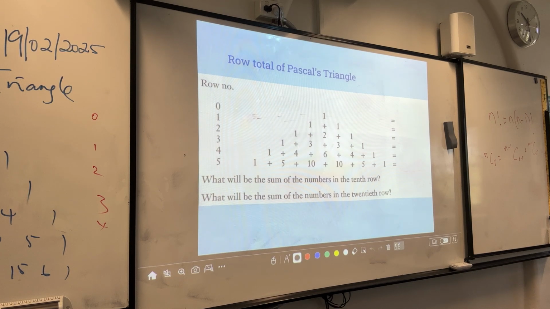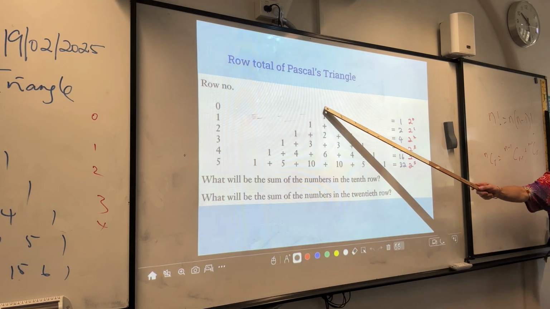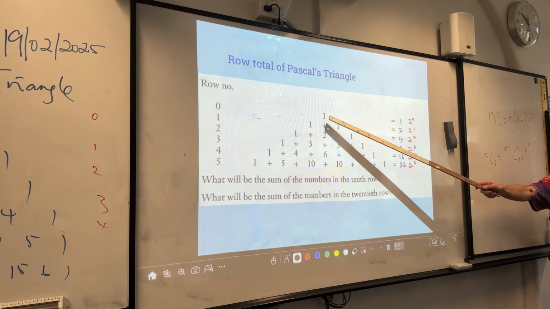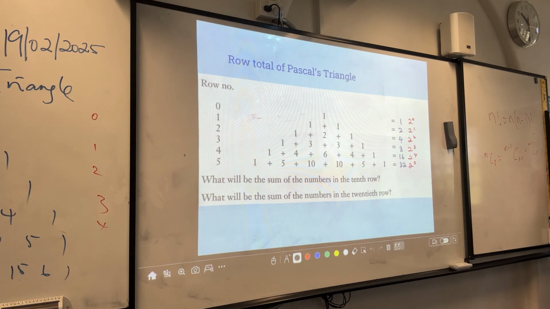So if you add everything up, it's 2 to the power of 0, 2 to the power of 1, 2 to the power of 3. So look at the row number. Remember the only one, the top one, is considered row number 0.